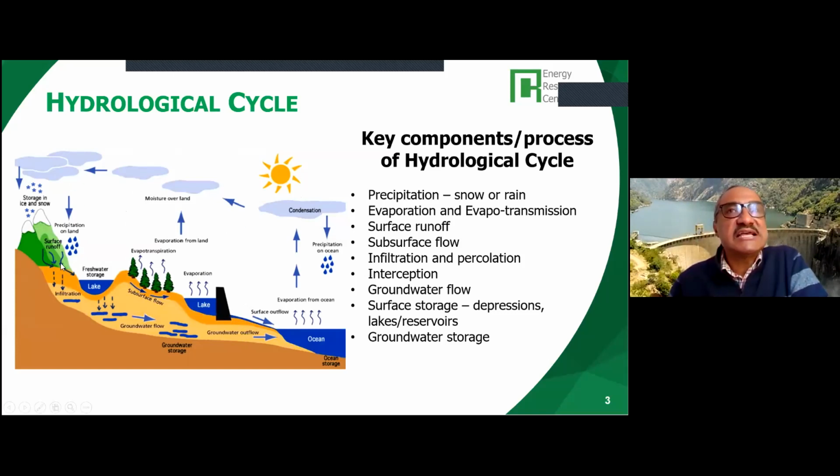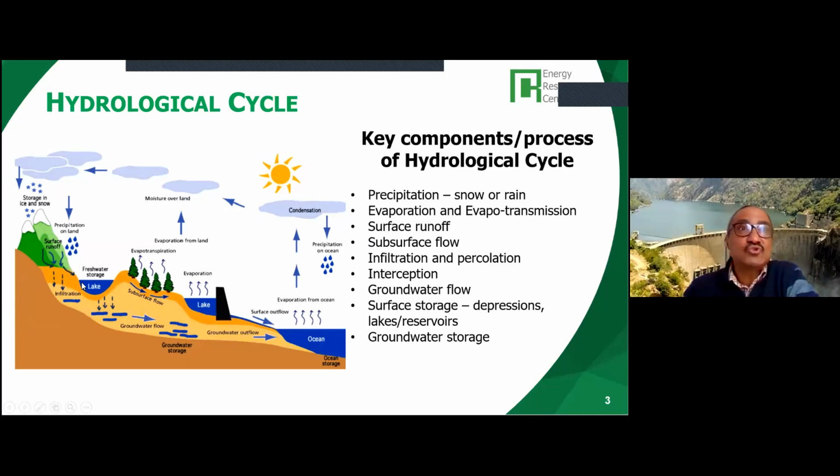So whatever falls as precipitation, part of it evaporates back, through plants and from open lakes and open water surfaces. Then some of it will directly come as what is known as surface runoff, whatever just overflows from the surface. Some of it infiltrates, percolates into the ground. Depending on the soil type and land use, infiltration and percolation occur.